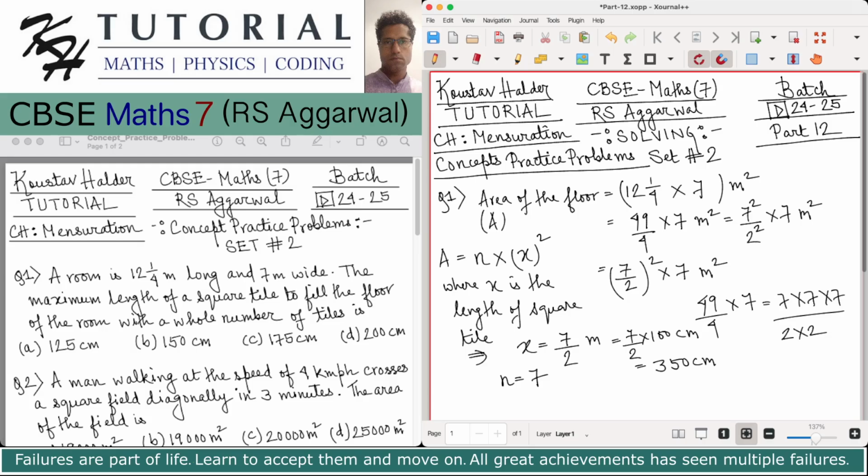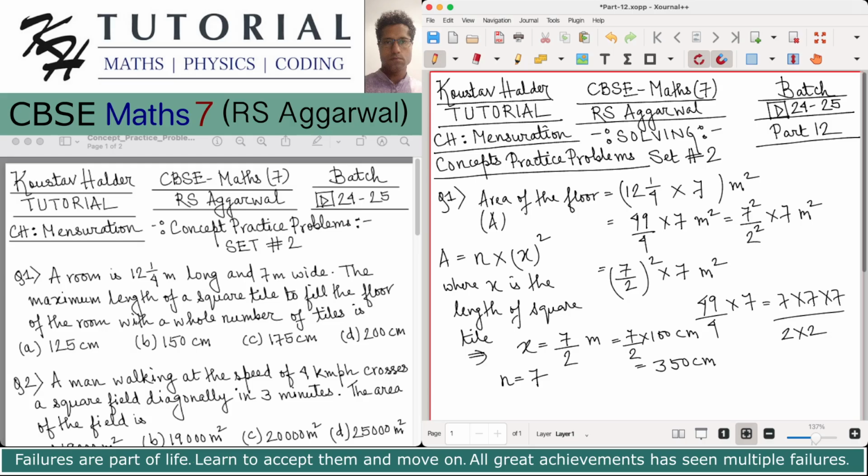The maximum length of a square tile to fill the floor of the room with a whole number of tiles. What is length referring to?